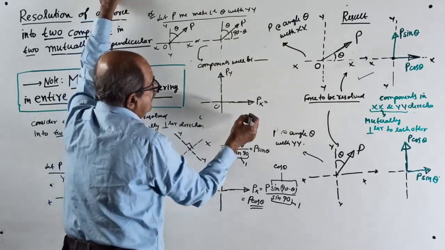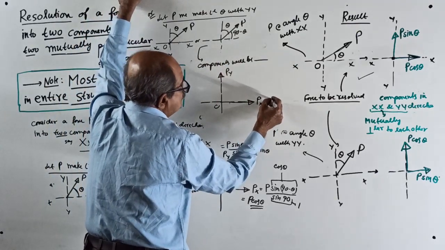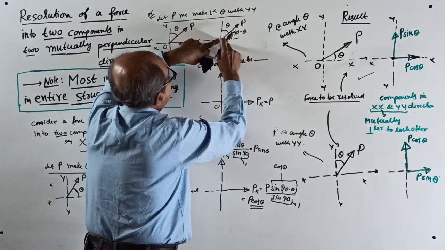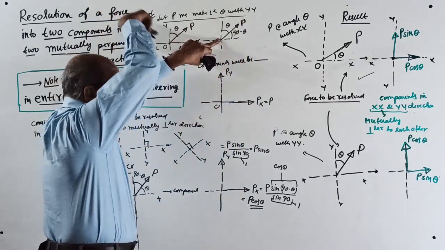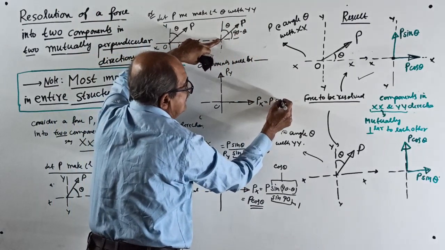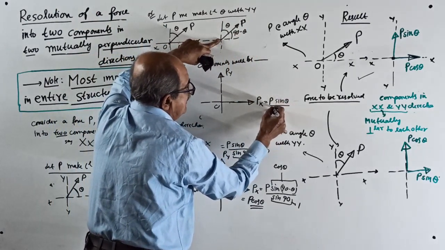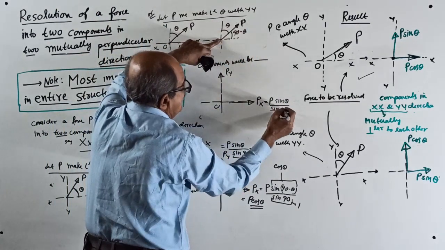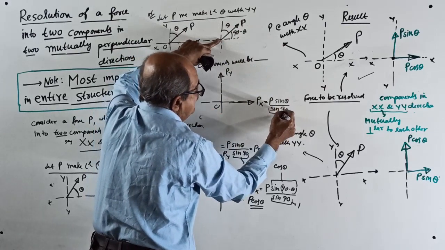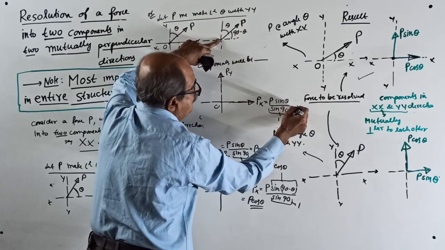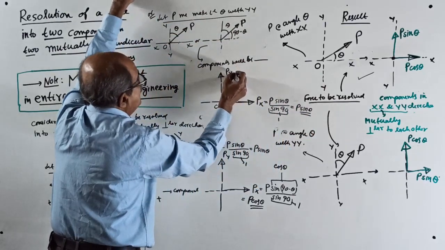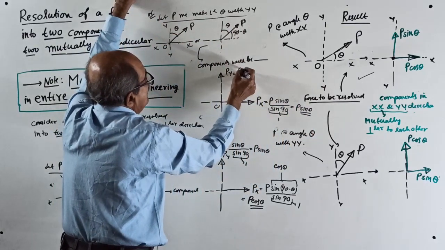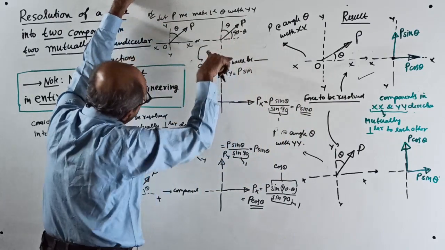PX equals, once again start: force P, if you want this component, force P into sine of the other angle, sine theta, divided by sine of the sum of the two angles, sine 90. Sine 90 is 1, so it equals P sine theta. That is the answer. This component equals force P into sine of the other angle.